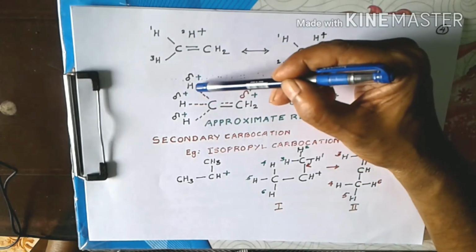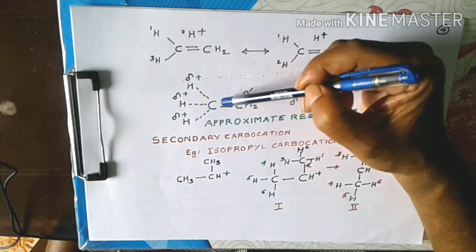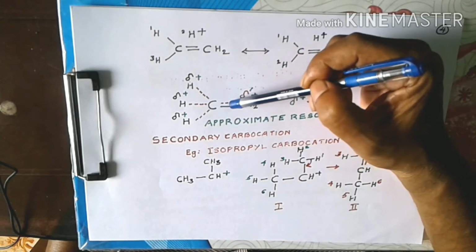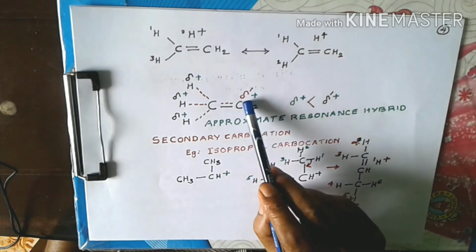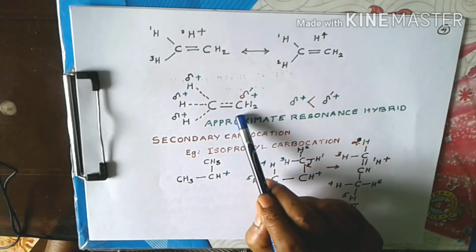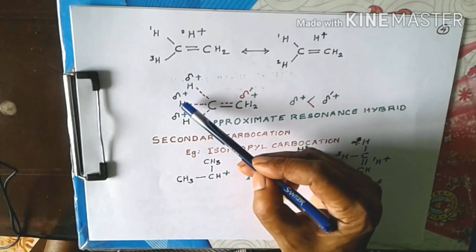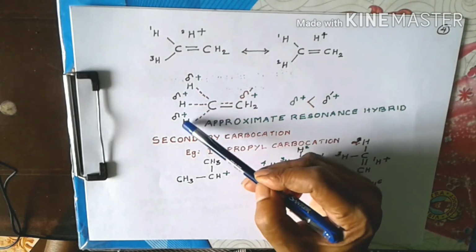There is a partial bond between carbon and hydrogen atoms. There is a partial double bond between carbon atoms and a partial positive charge over the first carbon, which was earlier connected to chlorine, and then partial charges over the hydrogen atoms of the methyl group.